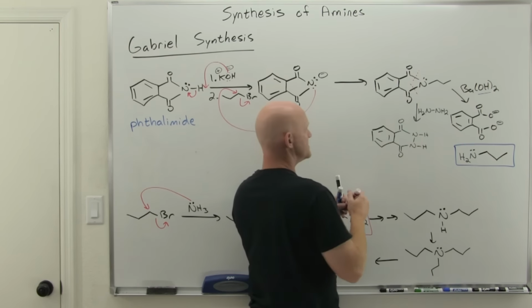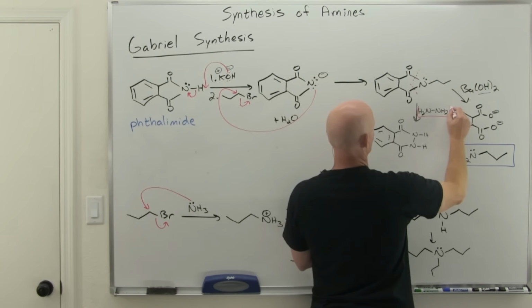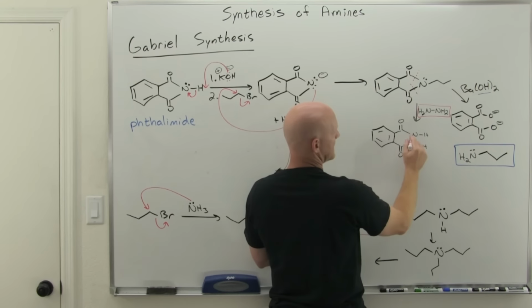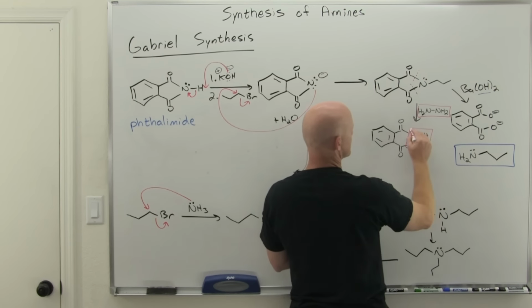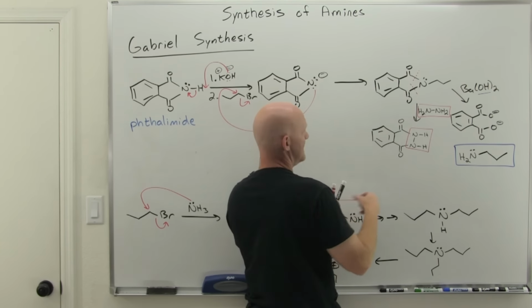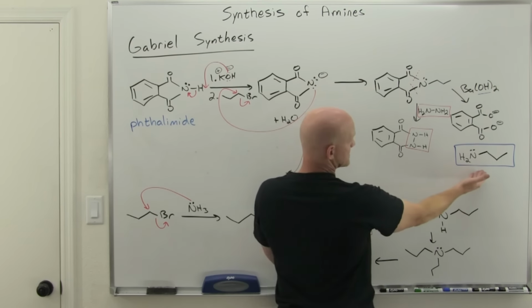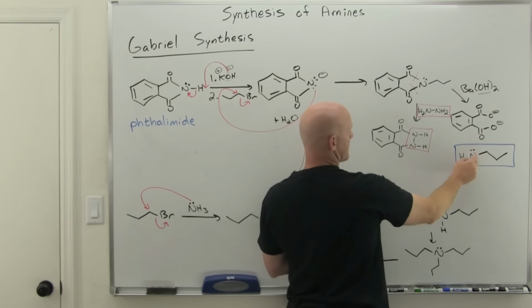So, in your hydrazine here, one of the nitrogens hydrolyzes one side, one of the nitrogens hydrolyzes the other side, and there is the remnants of your hydrazine right there in your product. And then the other two hydrogens that are missing are the ones that actually result with your primary amine, the two hydrogens on your primary amine.